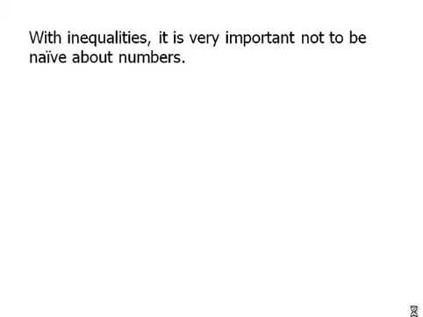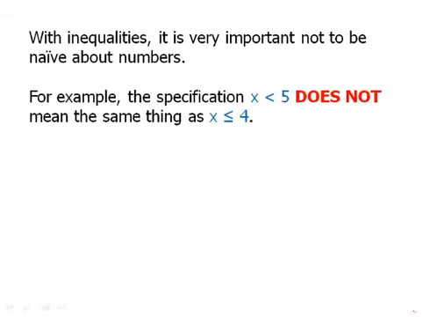Now the first thing I'll say about these is, with inequalities, it is very important not to be naive about numbers. What do I mean by that? For example, the specification x is less than 5 does not mean the same thing as x is less than or equal to 4. This is a very typical mistake pattern.